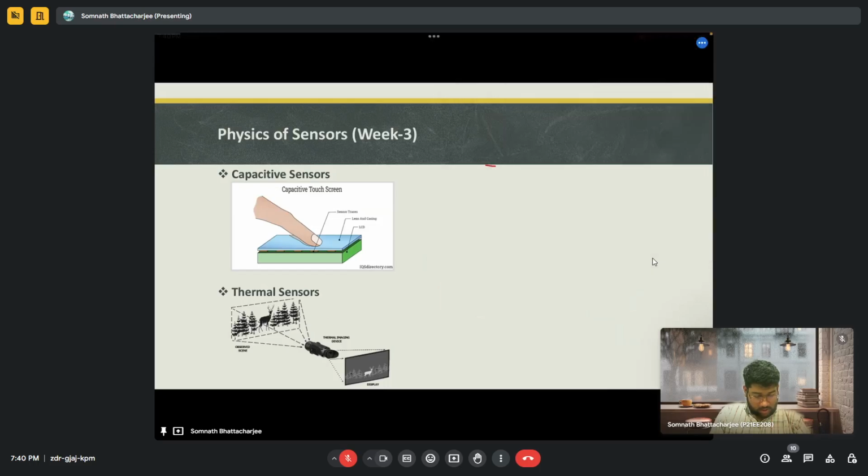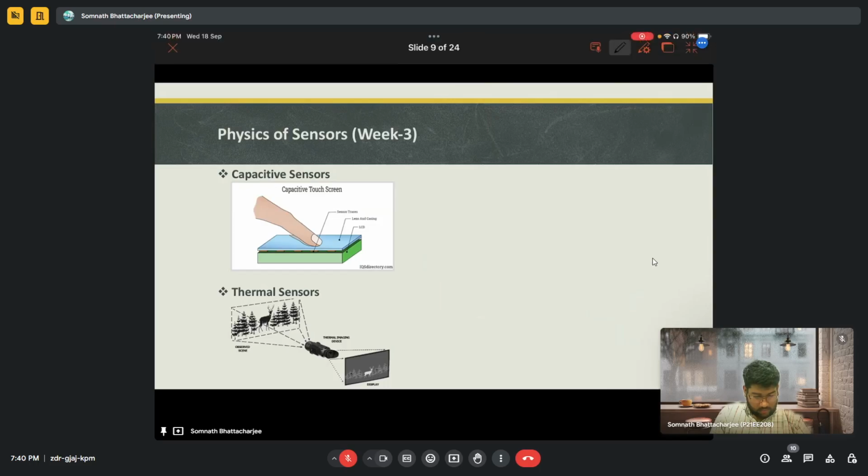That is the capacitive sensors. For capacitive sensors, we know the basic capacitive sensor is a parallel plate capacitor. A parallel plate capacitor may have some dielectric in between its two parallel plates.